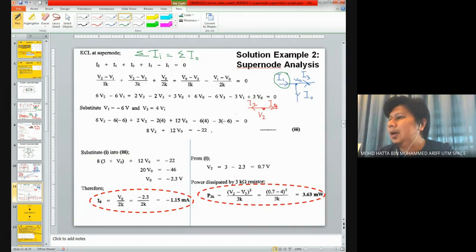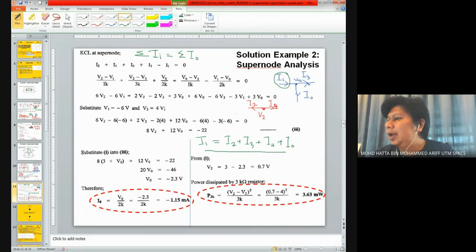So I have I1 equals, I out is the rest of the currents: I2 plus I3 plus I4 plus IO.